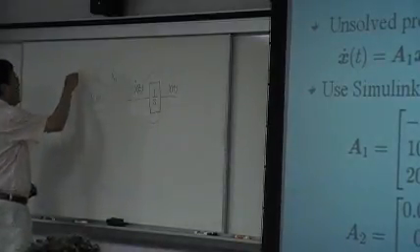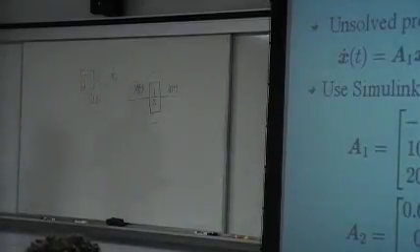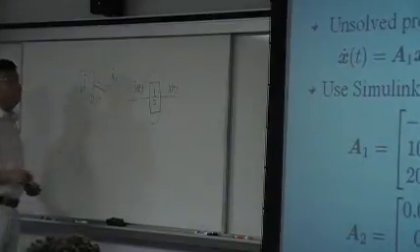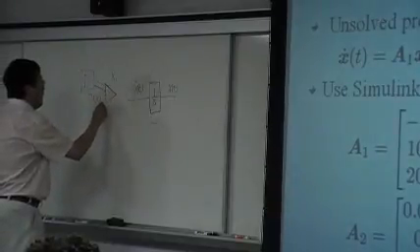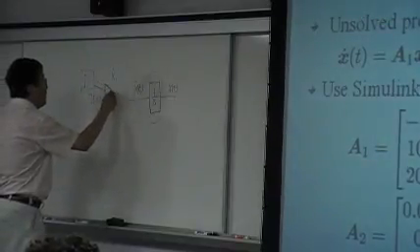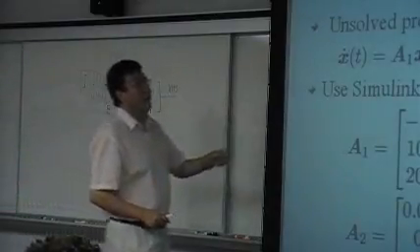We can have, for instance, a signal source. For instance, there is a step function there to describe the u signal. And the u signal should be multiplied by a gain, matrix gain B. And how about this one?